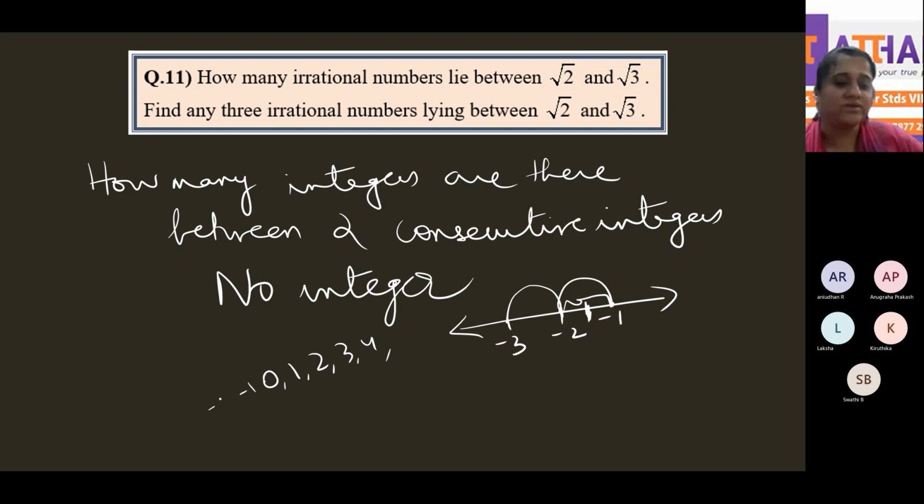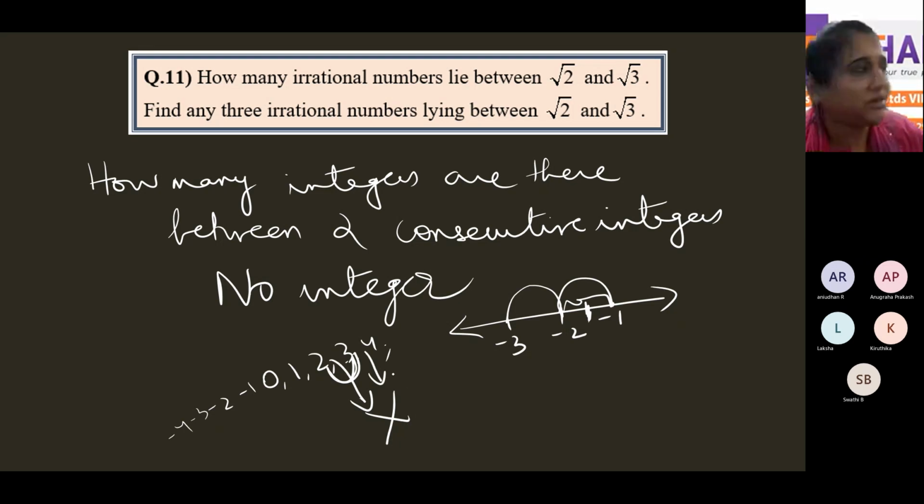This side, after this -1, then -2, -3, -4. These are the integers. Now, between two integers, there is no integer. There are many rationals and irrationals. But after 2, the integer is 3. After 3 is 4. After 4 is 5. Between 3 and 4, there is no integer. There are many rationals and irrationals, but no integer.